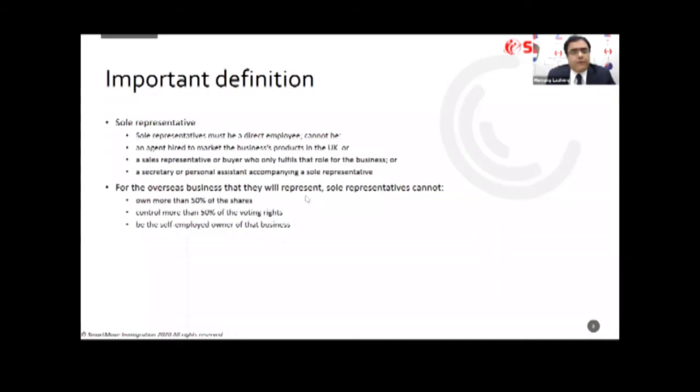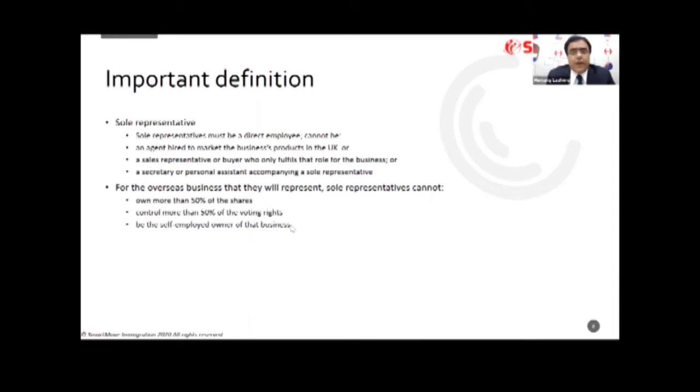So if you want to apply as a sole representative, you cannot be holding more than 50% share in the business. You cannot be the self-employed owner. So if you are a sole proprietor, or if the business is set up as a sole proprietorship and you are the sole proprietor, then that does not qualify you for this particular visa.